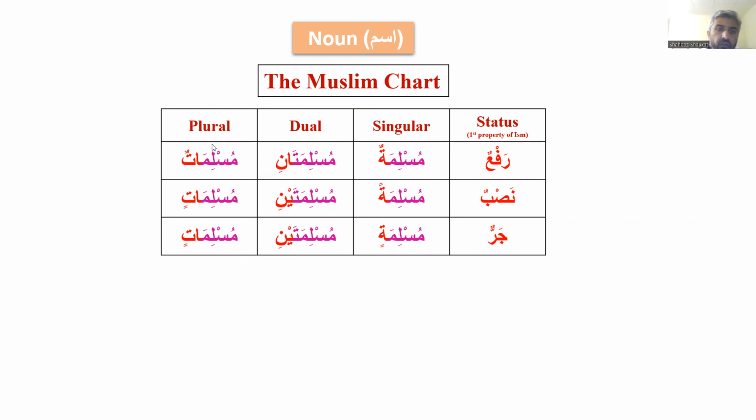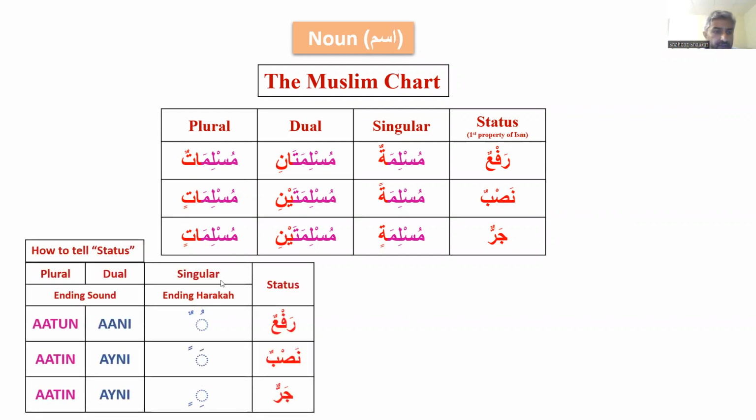When we go to plural in the feminine gender Muslim chart, it is Muslimatun, Muslimatan, Muslimatin. So ending sound is what? Tun, tan, and tin. So rafa, nasab, and jar. That's the only change when we compare the masculine chart with the feminine chart.